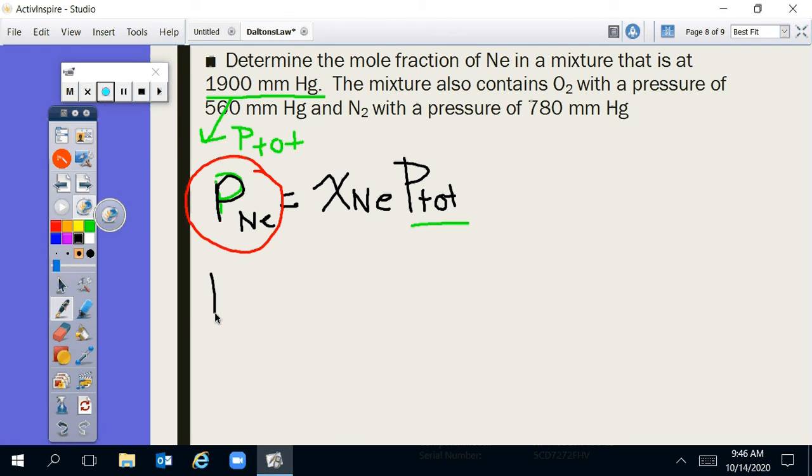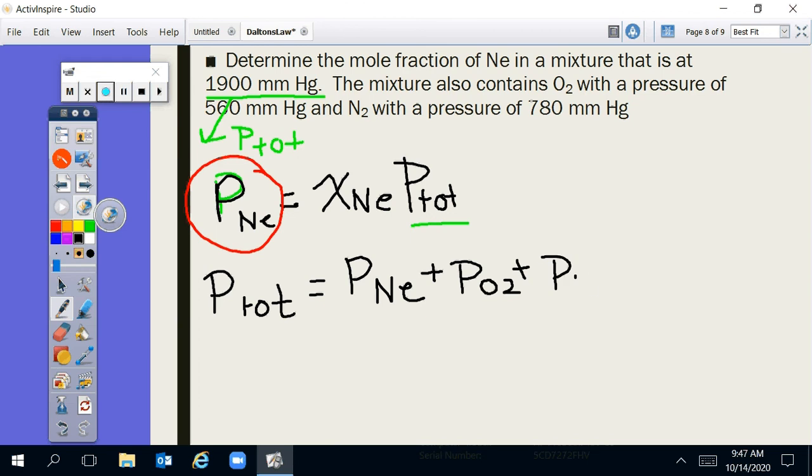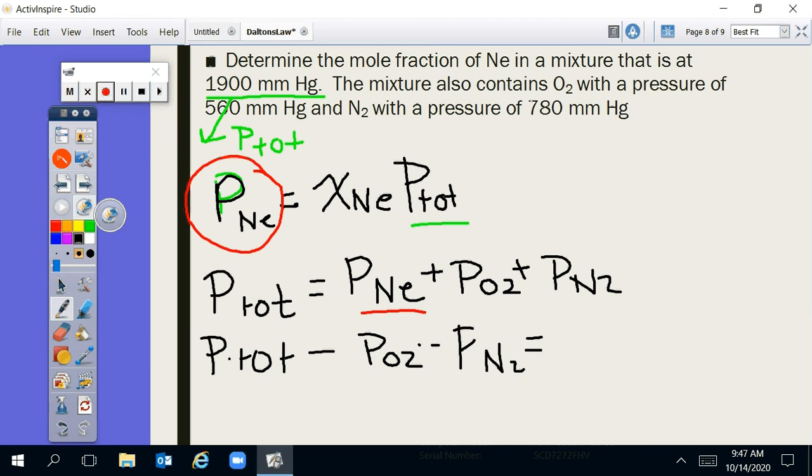We also have the other Dalton's law, which says P total is going to be the sum of all the partial pressures. So that means the partial pressure of neon, the mixture of three gases, plus the partial pressure of oxygen, plus the partial pressure of nitrogen. Okay, and we can solve for the partial pressure of neon. So we have the pressure total minus the partial pressure of oxygen minus the partial pressure of nitrogen, and it's going to equal the partial pressure of neon.